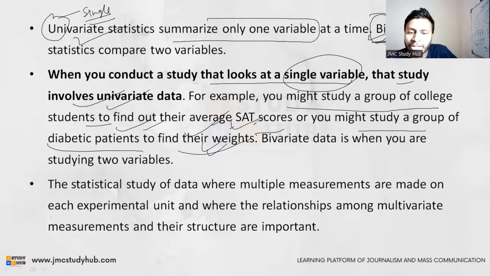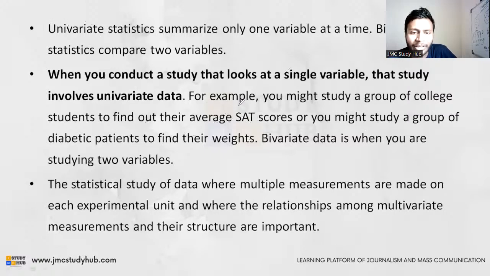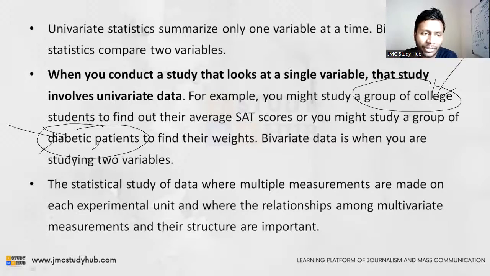So that is to find the score that is average, right? The group of college students is the single variable, the group of diabetic patients is the single variable. Okay, so when you are analyzing on the single variable, that is univariate.